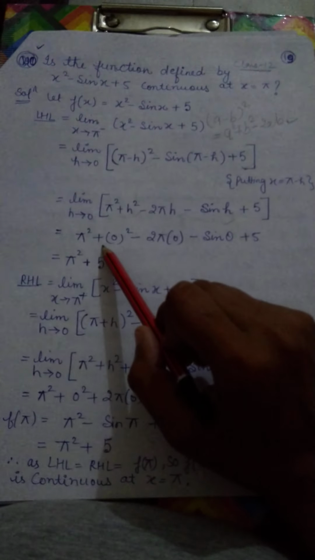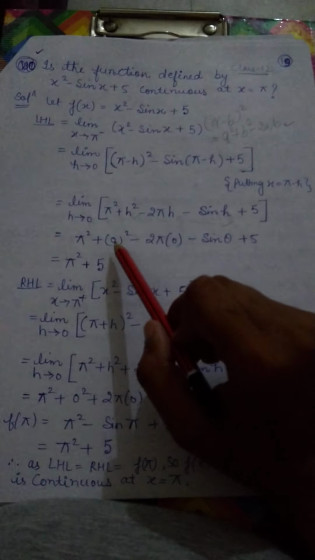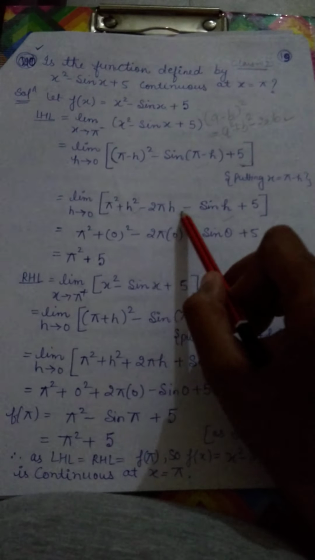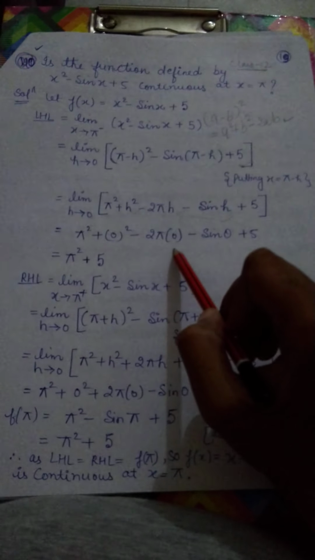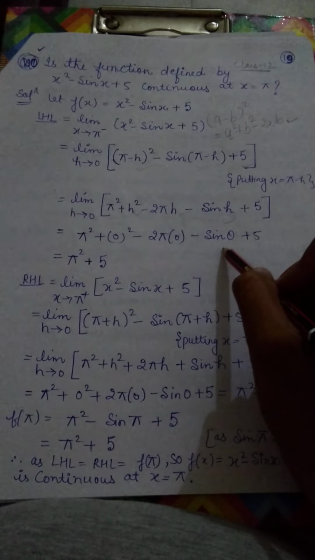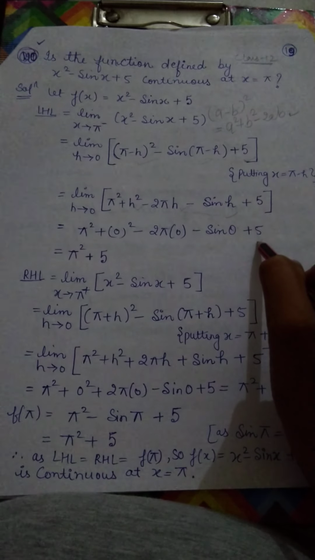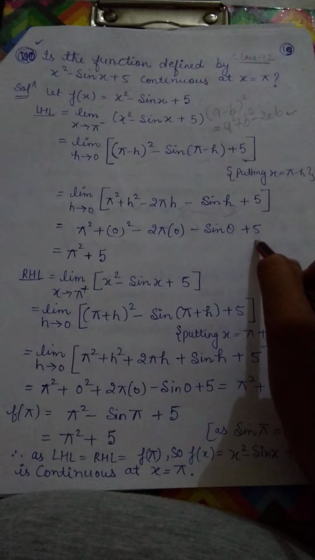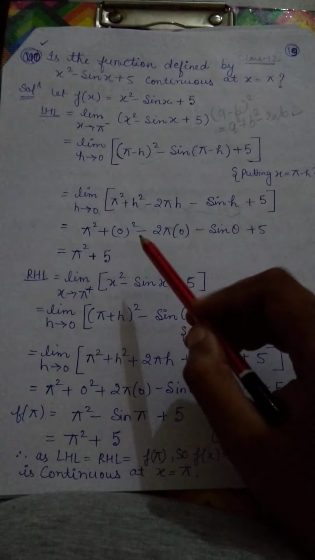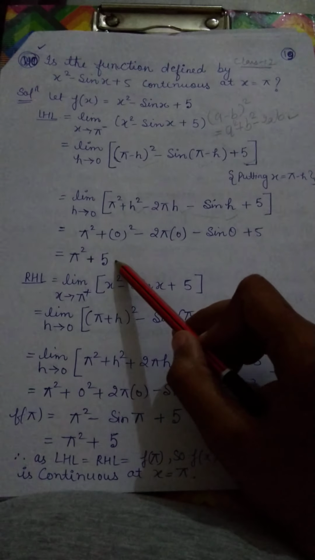Pi square plus h square is 0 square, and 2 pi h is 2 pi into 0, and sin h, that is minus of sin 0, and then plus 5. Clear? Then we will get pi square plus 5.